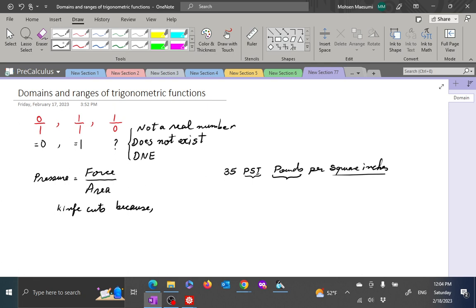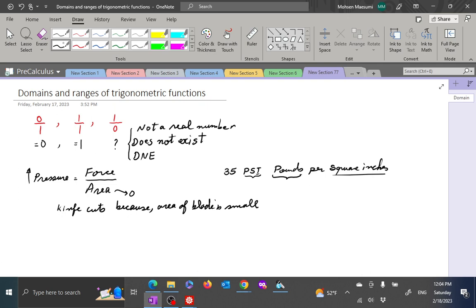What does sharp mean? Sharp means, because of what? Because the area of the blade is small, meaning when this area approaches 0, pressure builds up. It goes through regular values, goes higher and higher.